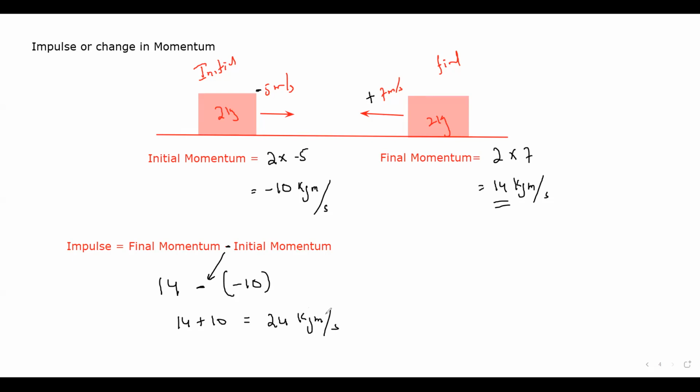So if it is 24 kilogram meter per second, what is the direction? In our example, the right hand side is negative and the left hand side is positive, and our final answer is coming out positive 24. So what is the resulting direction, right or left?